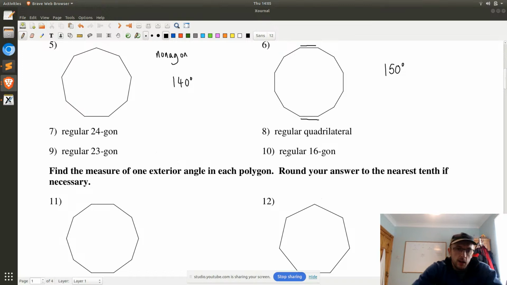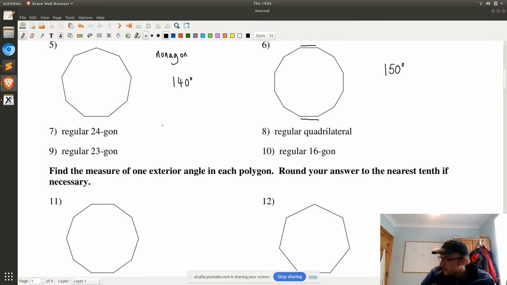Now for a regular 24gon, it would be 22 times 180, which is 3,960. And then you have to divide that by 22. Wait, is that correct? 22 times 180.